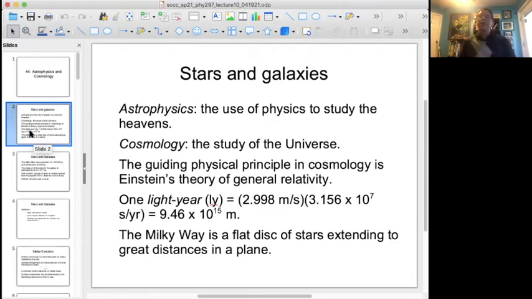The light year is the distance that light, or electromagnetic waves, travel in a vacuum over the course of 1 year, which is approximately 9.46 times 10 to the 15 meters. The Milky Way is a flat disk of stars extending to great distances in a plane. Well, it's not exactly a plane, but it can be approximated fairly well as a plane, much like our solar system can. Our solar system is not all that three-dimensional.